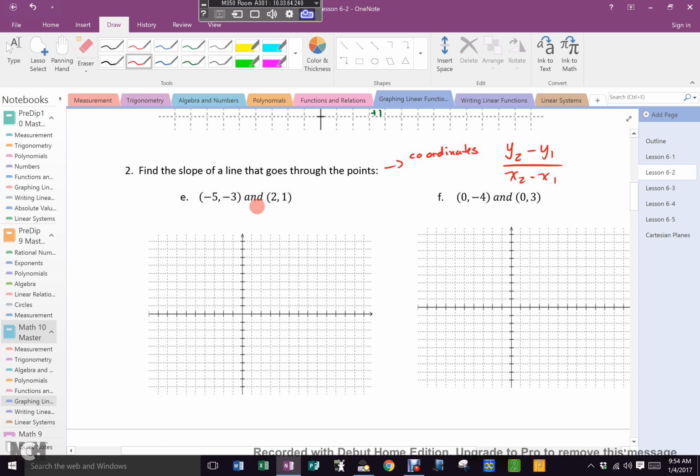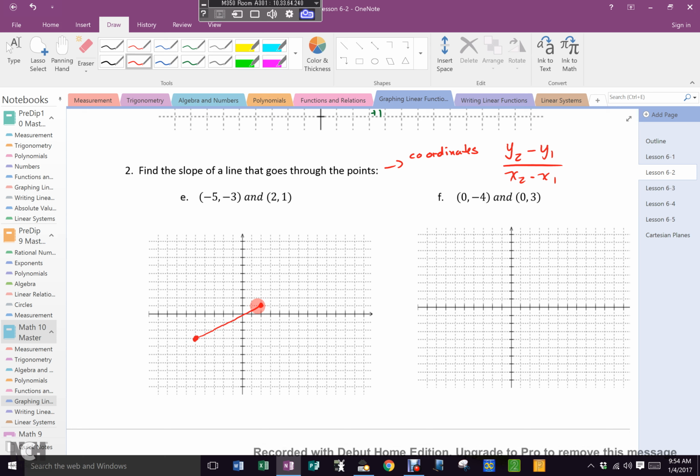Put these points on the graph. -5, 1, 2, 3, 4, 5, down 1, 2, 3. Right? And 2, 1. 1, 2, up 1. Do I have a line on a graph? Can I find the slope?